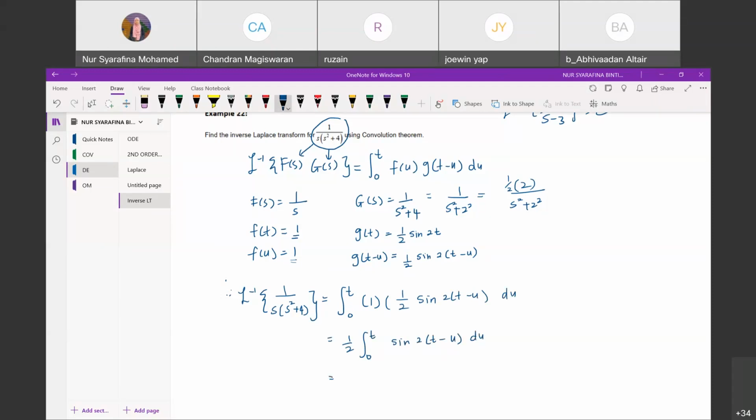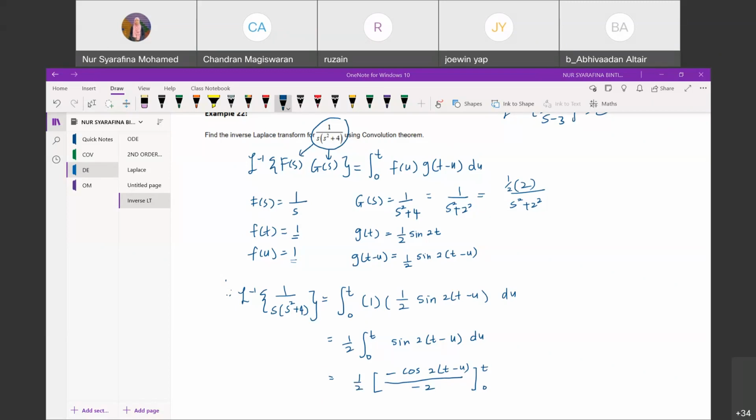So what should you have? Sine 2(t minus u), integrate with respect to u, gives negative cos 2(t minus u) over minus 2. This is my 2t minus 2u. Integrating sine gives negative cos, and differentiating minus 2u gives minus 2. So from 0 to t.